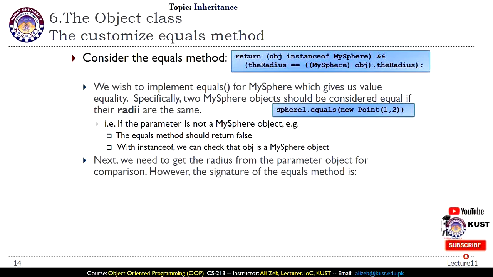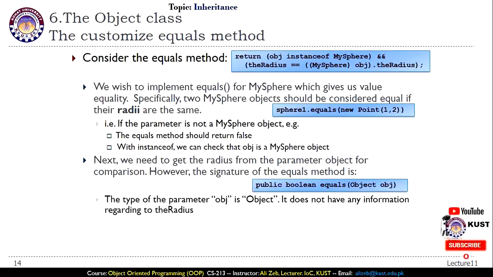However, in the signature of the equals method, the type of the parameter is Object. It does not have any information regarding the radius. So we need to convert this object to mySphere first, then we'll be able to compare these two objects.